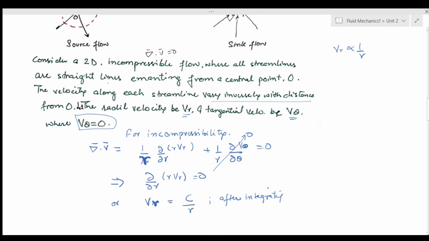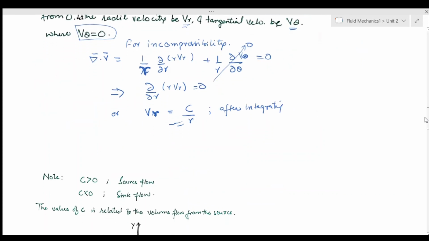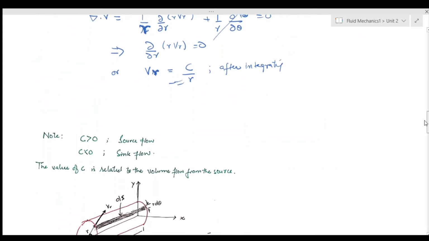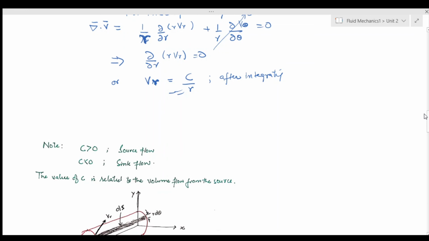So even mathematically, I got that my radial velocity Vr is inversely proportional to my radial distance. Now here, this C gives me how much flow rate is coming out of my source or going into the sink.